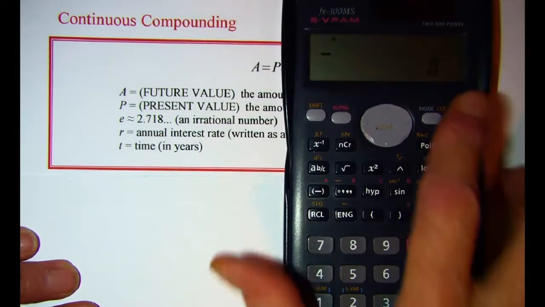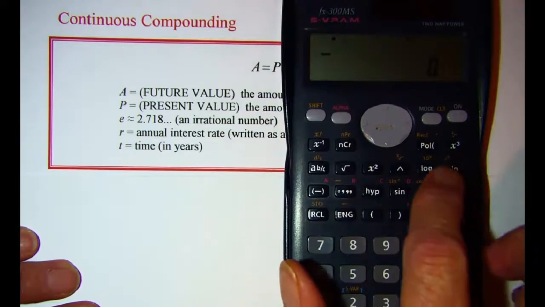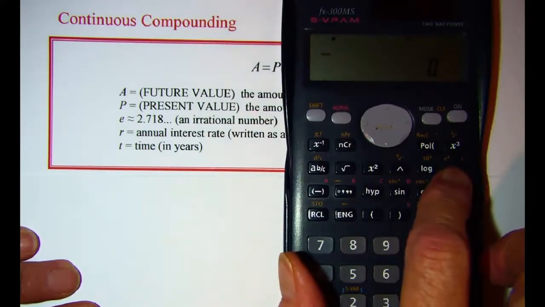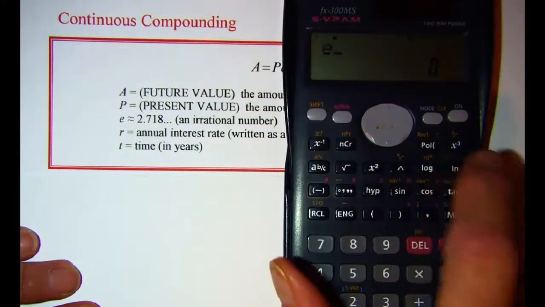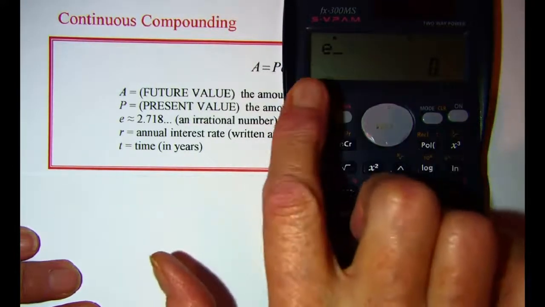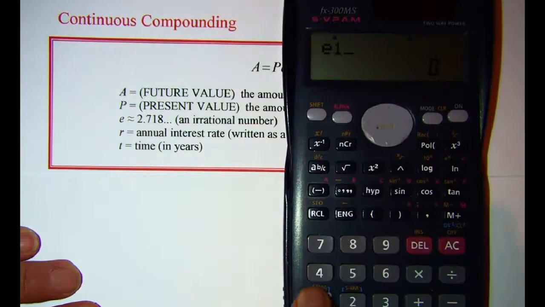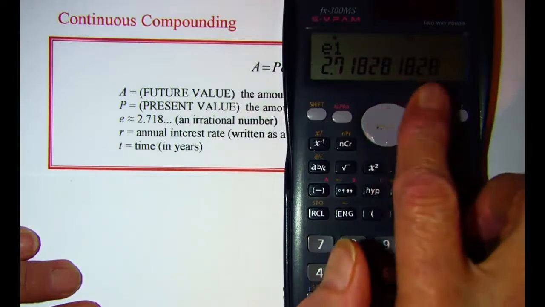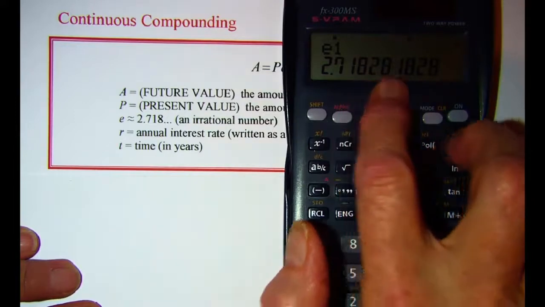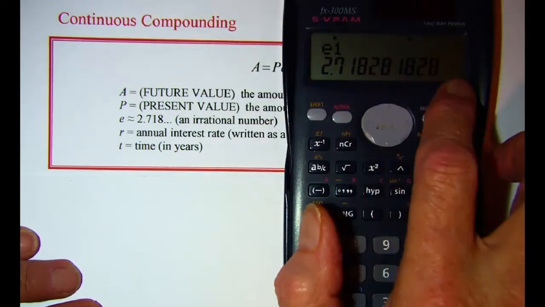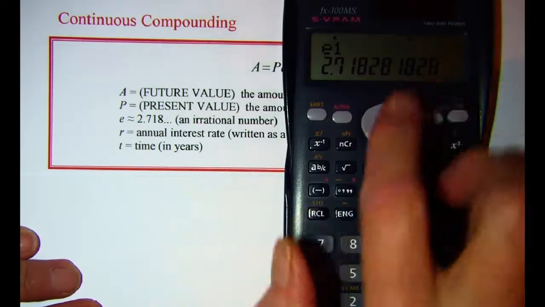So I could retrieve that value. I need to press Shift and then the ln button, and there's my little e, but I need to raise that to the first power, and so 2.718281828. Now it doesn't repeat that. That looks like it might repeat 18281828, but it doesn't.